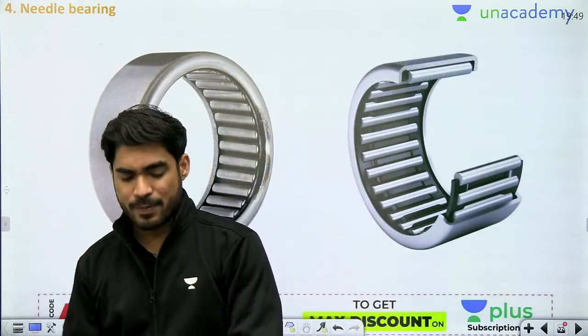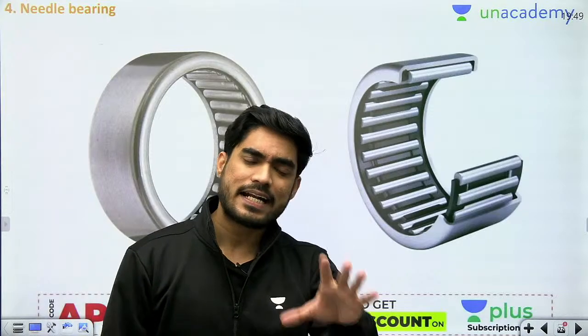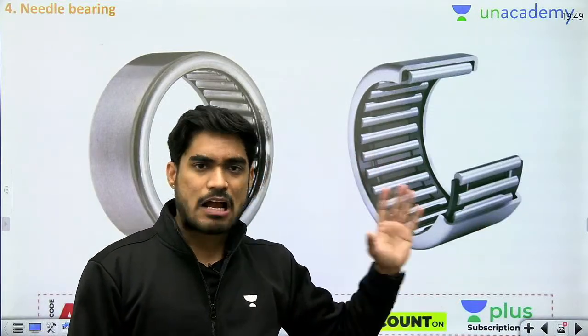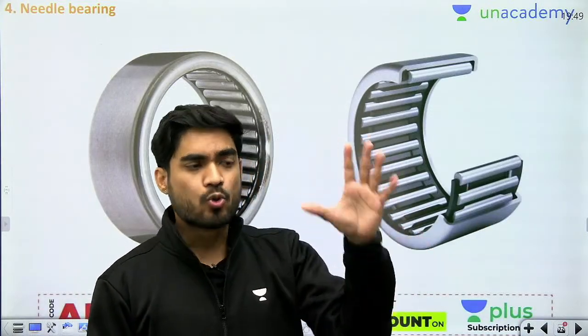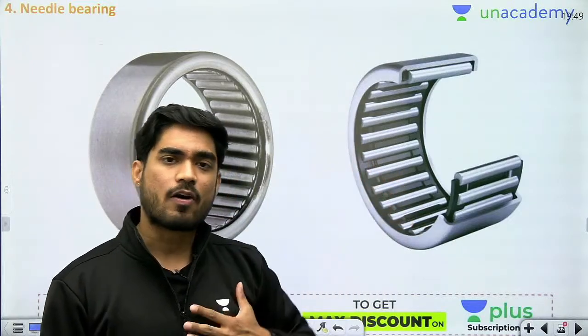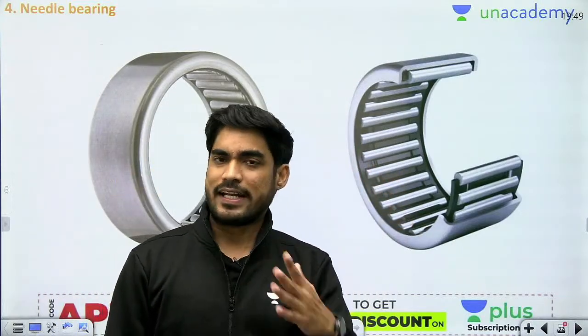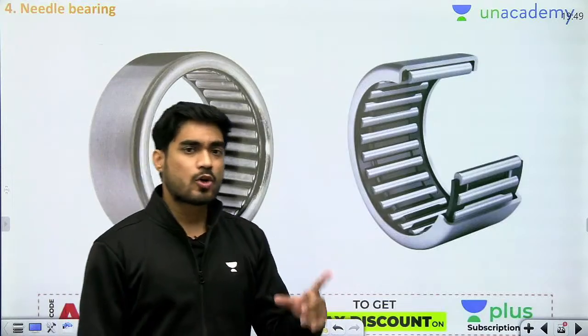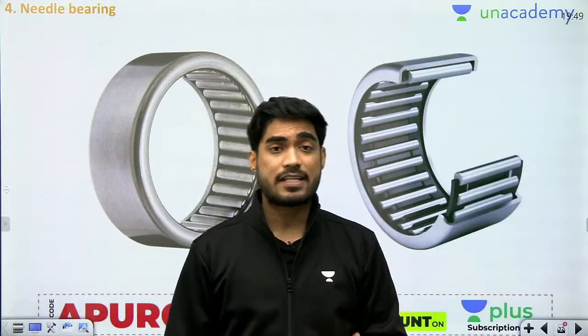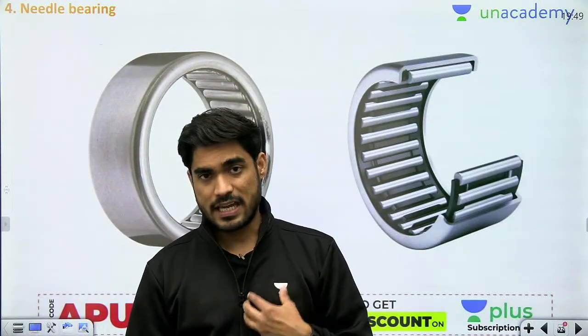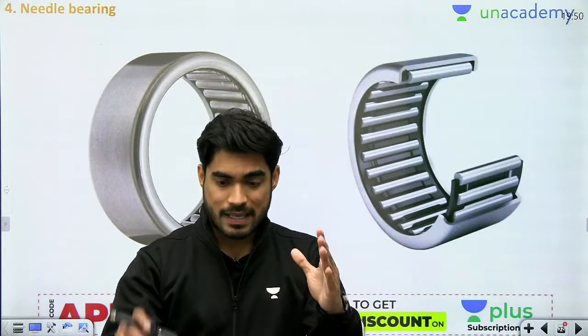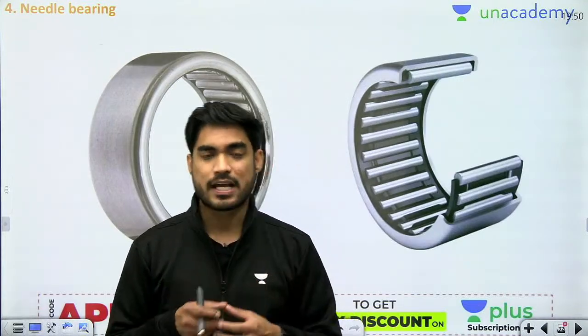Okay, so what happens is, we have already designed and manufactured bearings. Now we just need to choose the appropriate bearing according to our need. So we need to only see what are those parameters based on which we will choose our bearing. अब हमको वो parameters देखने हैं जिसके basis पे हम अपनी bearing choose करने वाले हैं.